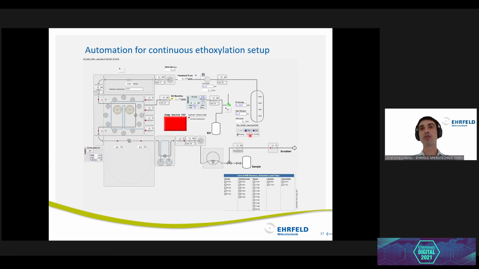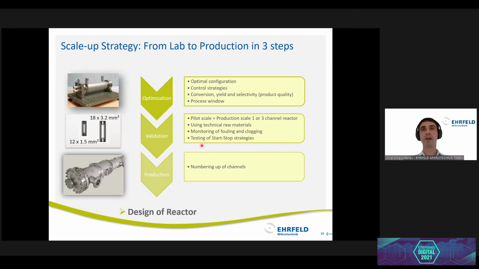And then there are also some additional safety trips, pressure shutdown, overall shutdown, which happen by clicking some buttons. That was really regarding what automation can do to improve the ethoxylation in continuous flow.